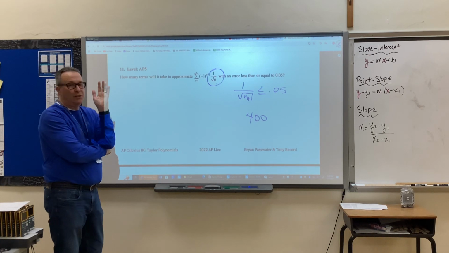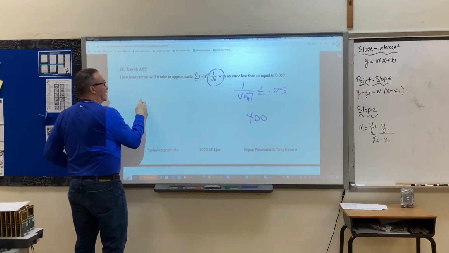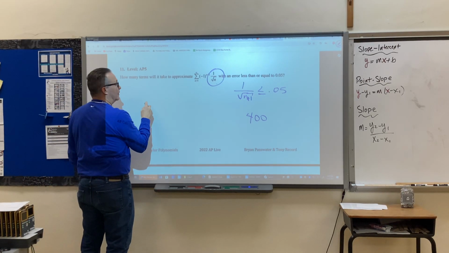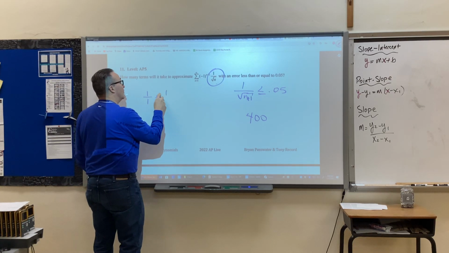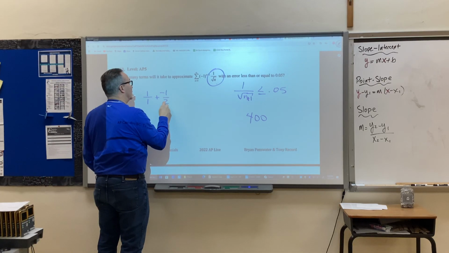So if we just write down this thing, when n is 1, we've got 1 over 1. Then n is 2, it's minus 1 over the square root of 2.